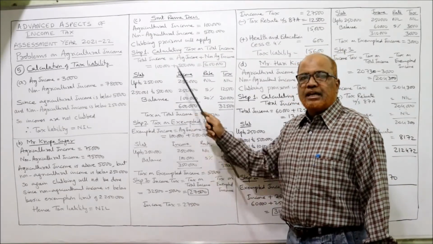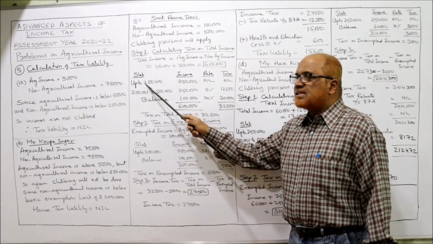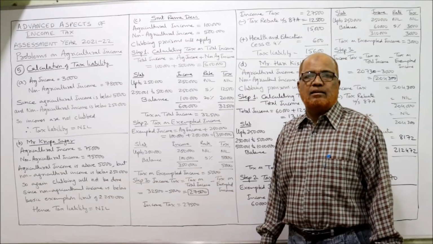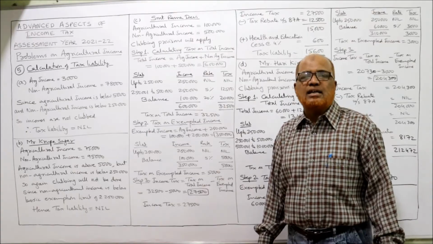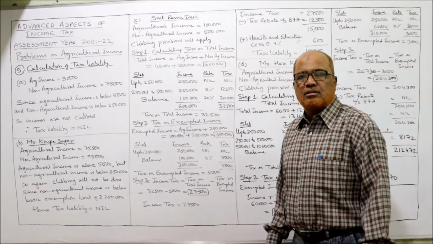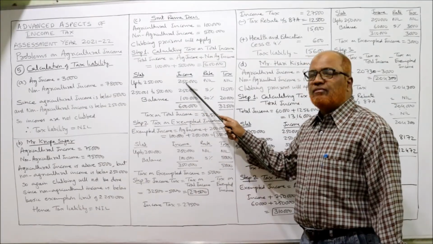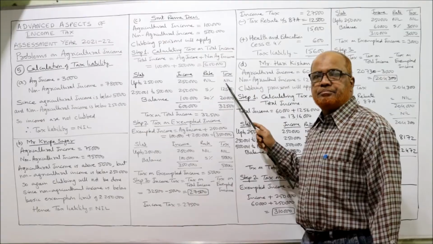Slab, income, rate, tax. The first slab is up to 2,50,000 for a non-senior citizen. If nothing is given, we assume the person is a non-senior citizen below 60 years. So up to 2,50,000, the income is 2,50,000, rate of tax nil, amount of tax nil.